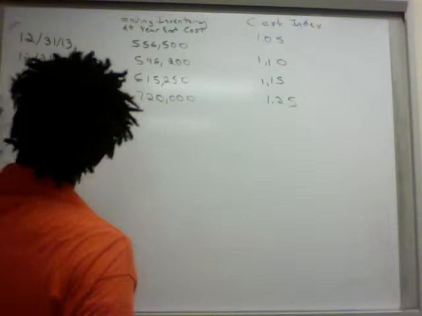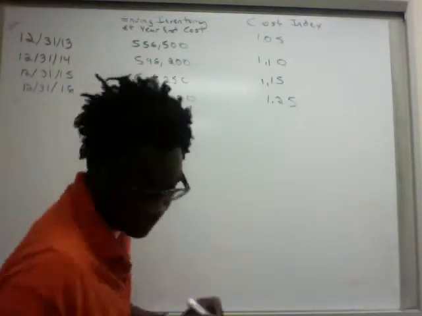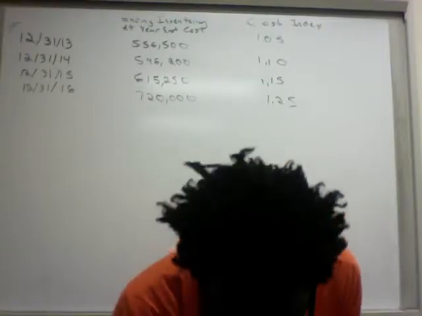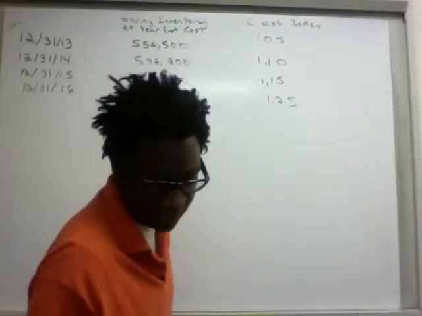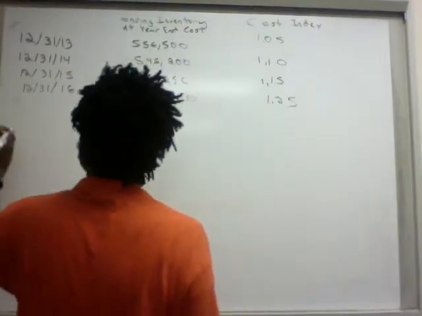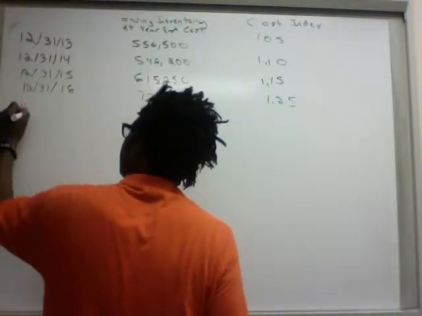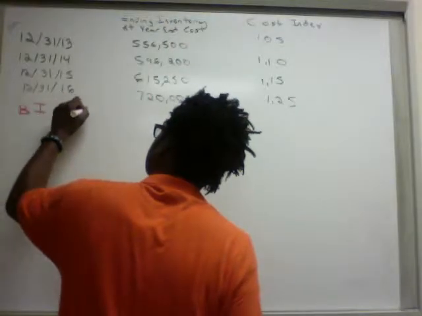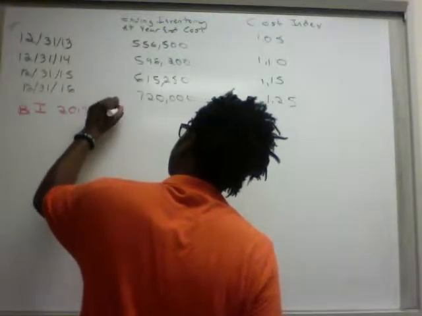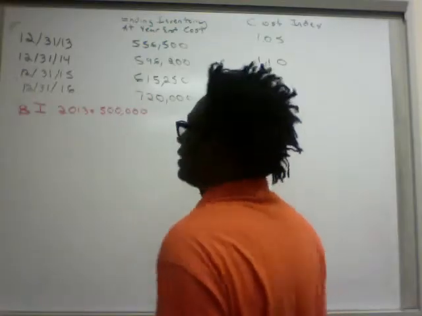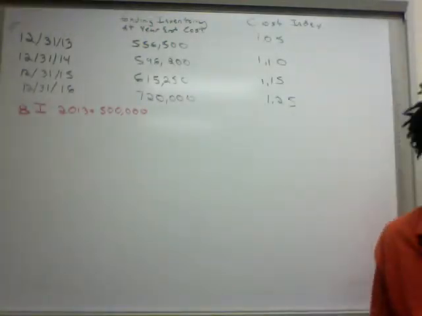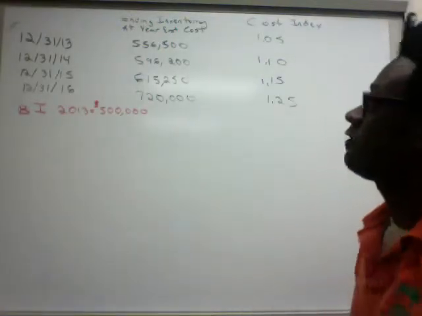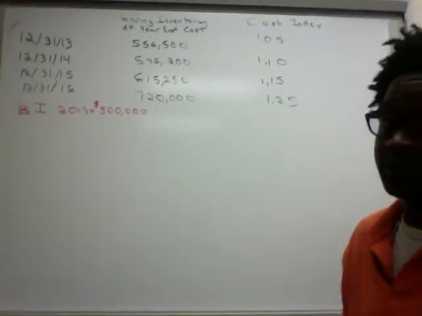Let's assume that our beginning inventory for 2013 is $500,000. So I'll write that: beginning inventory 2013 equals $500,000. The rest of the information will be provided as well.